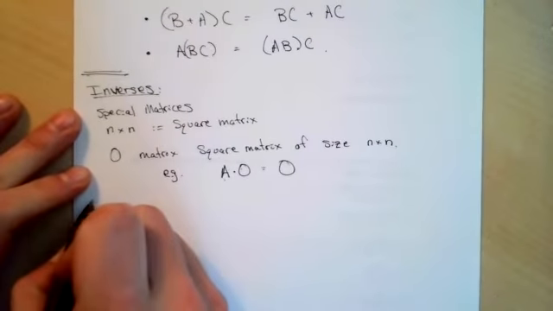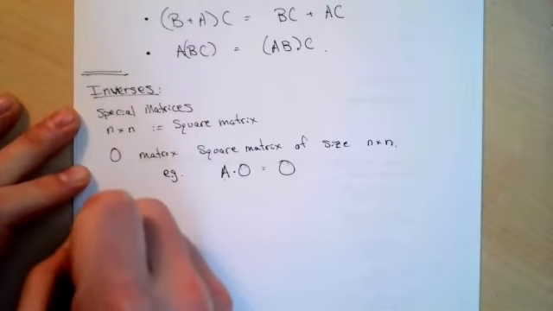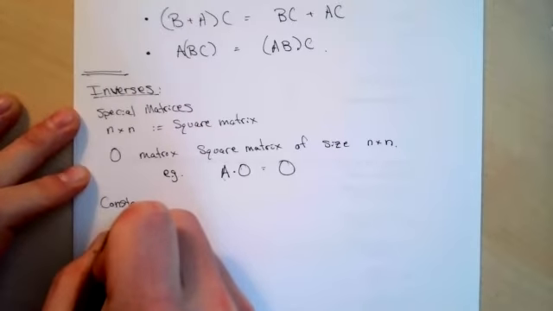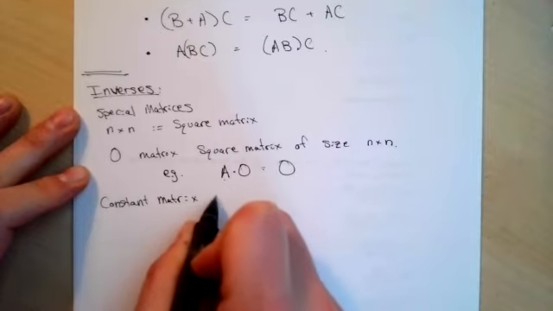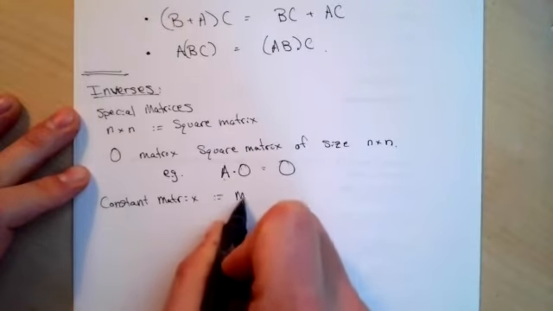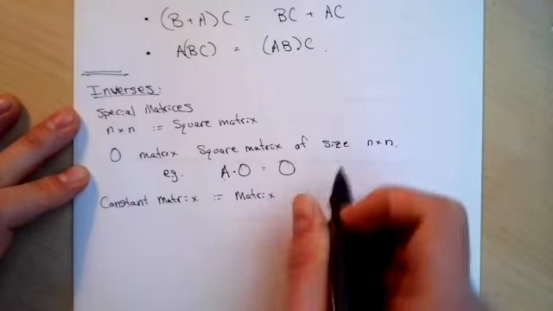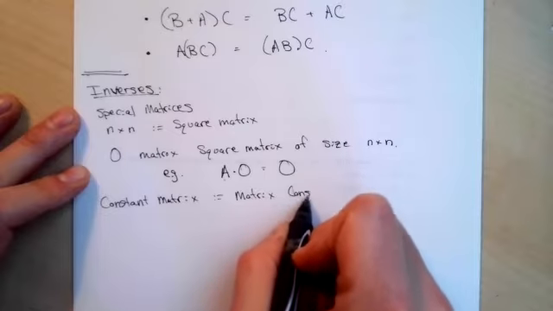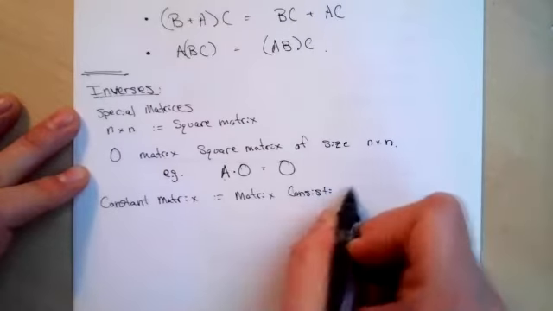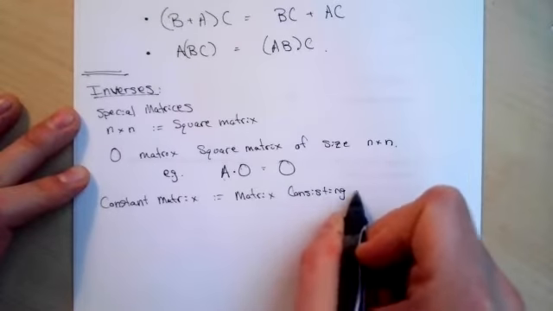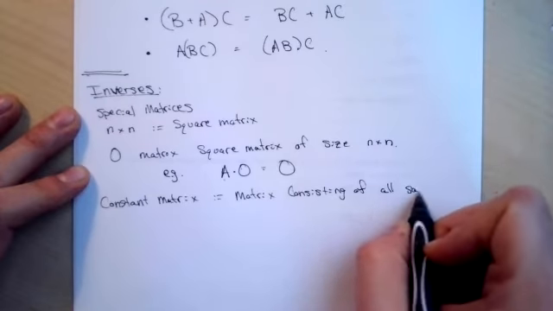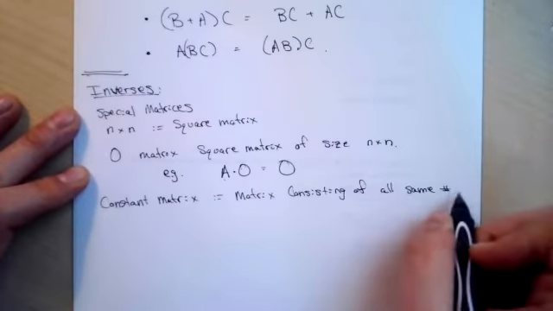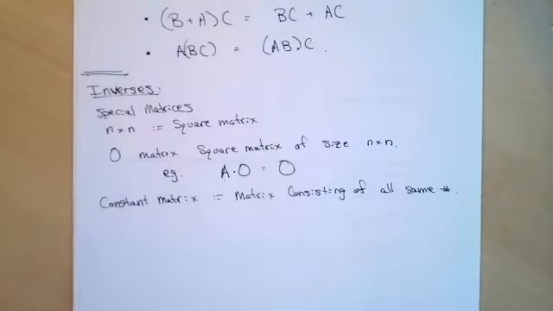And then we have the constant matrix, which is just a matrix consisting of all the same number. So all the entries are the same.